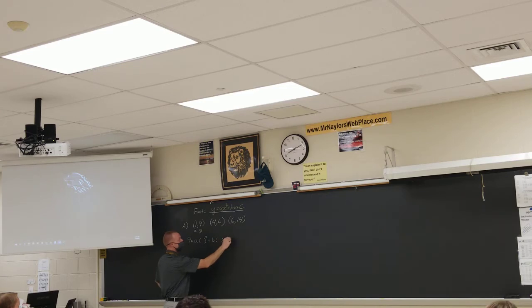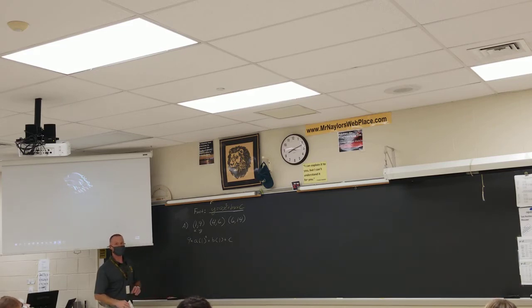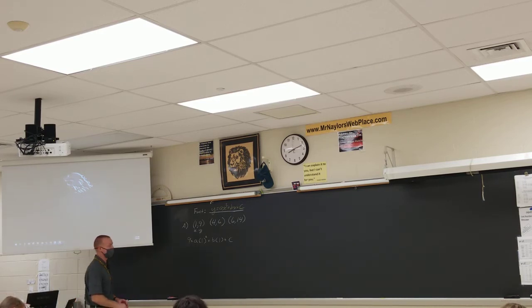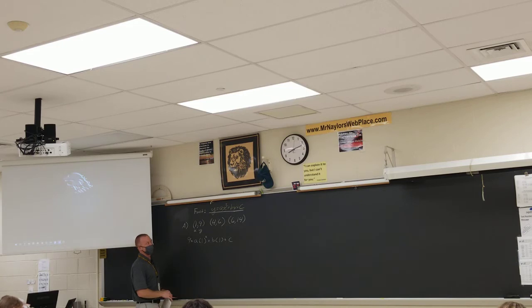I'm showing a couple other pieces here so you can see the whole layout. All I did was plug a 1 in for x and a 9 in for y, but I didn't plug anything in for A, B, and C. As you're going to find out, that's what we're trying to solve for. Are you tracking?